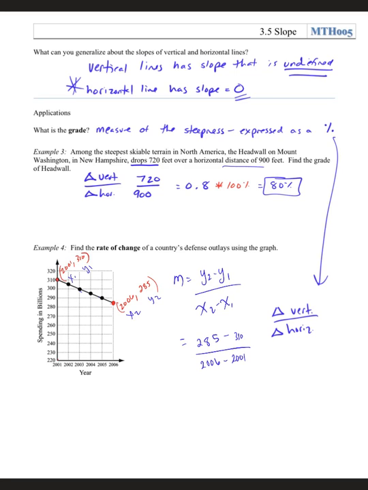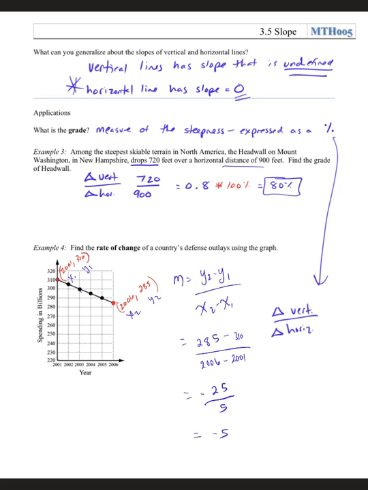Again, it doesn't matter which points you choose, your answer should still be the same as mine. So we do 285 minus 310, and we get negative 25, which is good because remember we said the line's going down, so it needs to be a decrease. And then 2006 minus 2001 gives us 5. Negative 25 divided by 5 is going to give us negative 5.